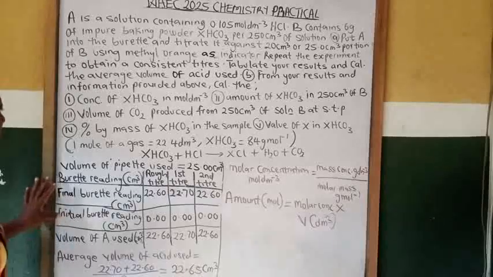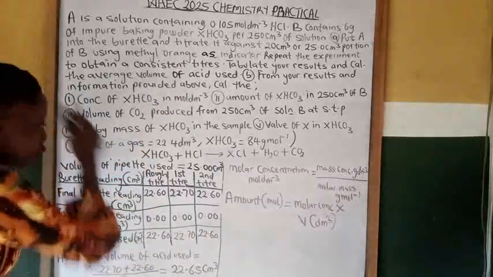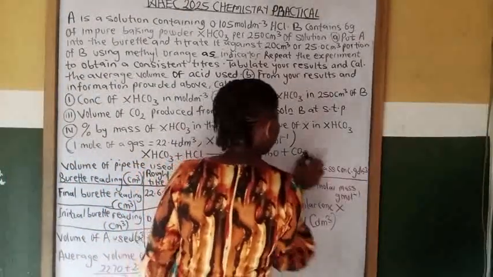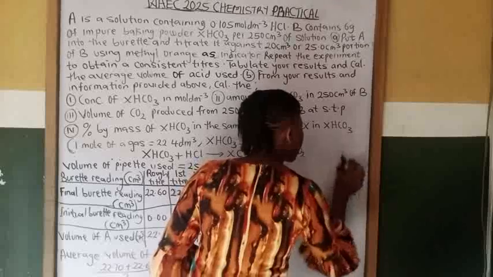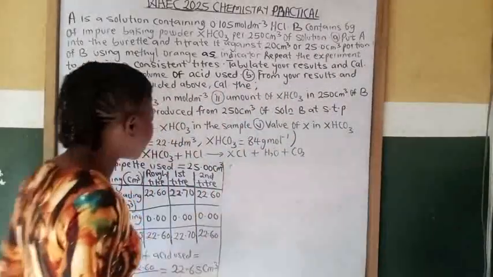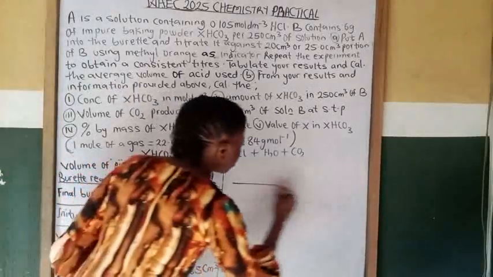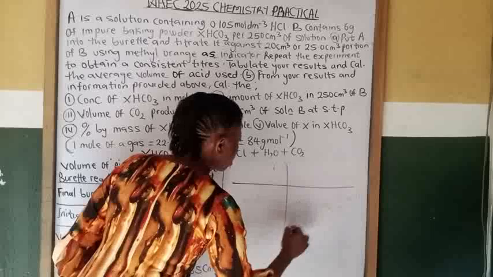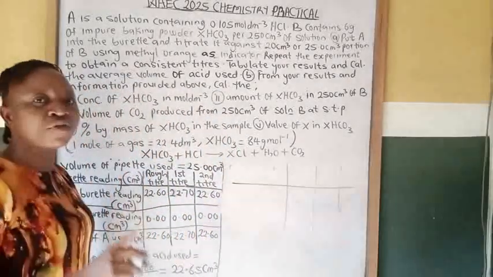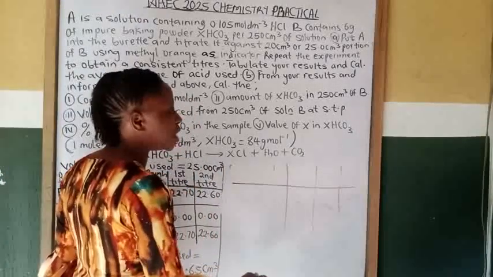Then I want to explain something on this table. Let's assume that you have prepared your table already, and you discovered that you have made a mistake.